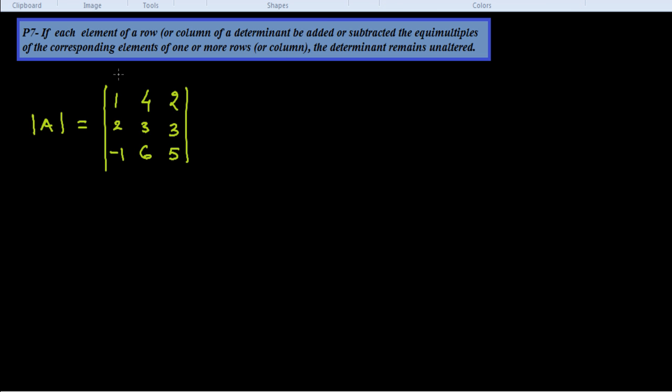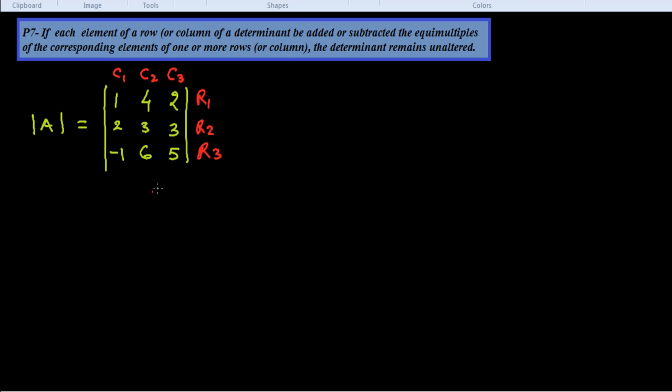Now this one is C1, C2, C3. This is R1, R2 and R3: row 1, row 2, row 3, column 1, column 2, column 3.